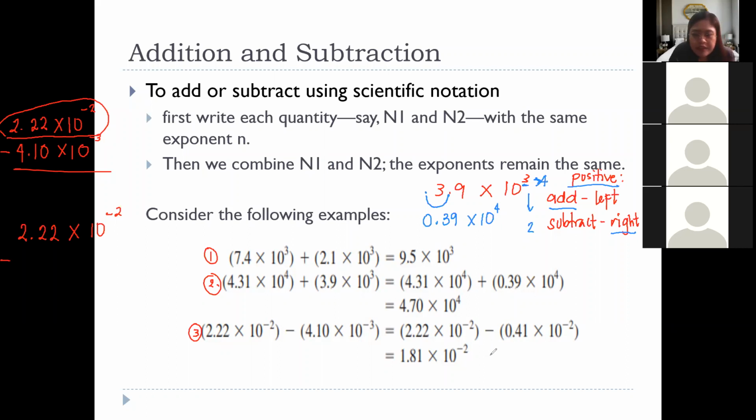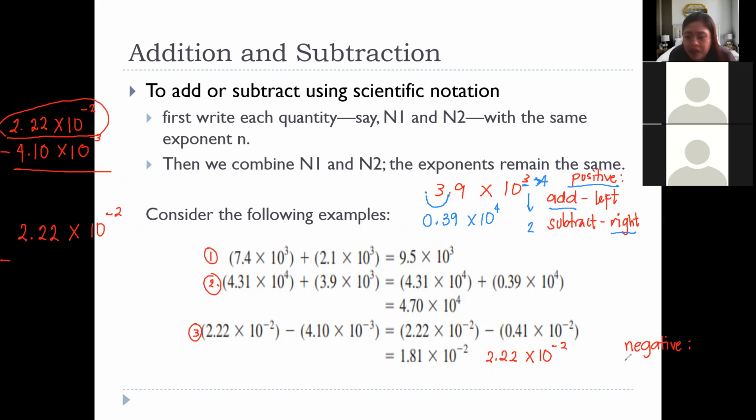Sa second na given, you have again 2.22 times 10 raised to the power of negative 2. The original exponent is negative, so this one is not really applicable. This is only applicable for the positive exponents. Pero actually, when the original exponent is negative, ibaliktad lang nato na siya class.